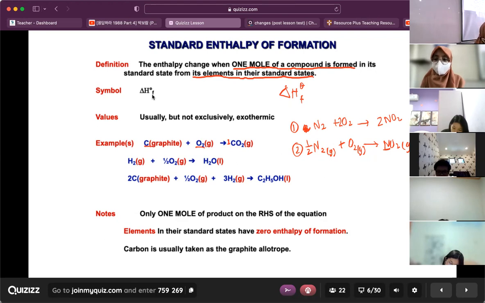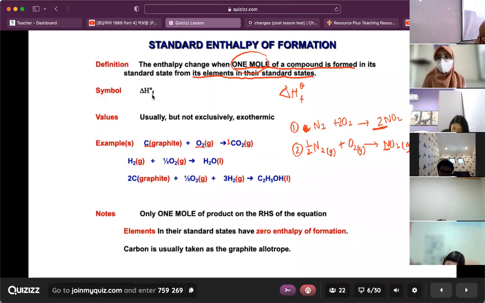But we cannot call this reaction as having enthalpy change of formation. No, we cannot. Why? Because there are 2 moles here, so it's not following the definition, right? So that's why the enthalpy change of formation is reaction number 2. So what is the name of the enthalpy change in reaction 1?